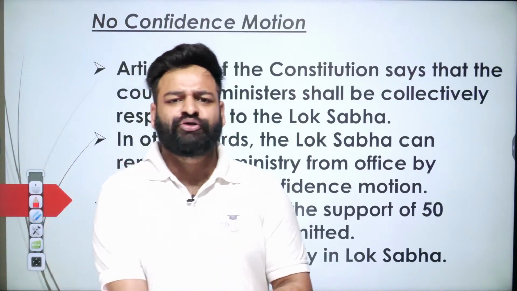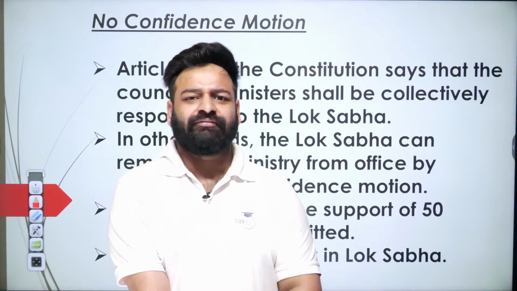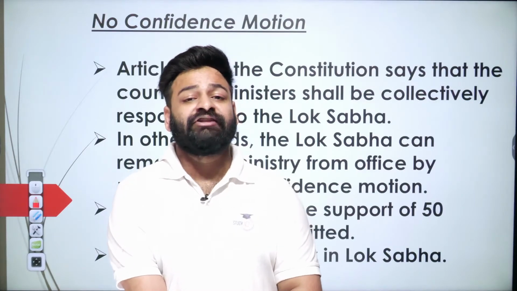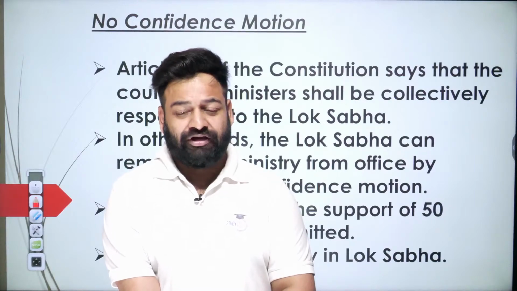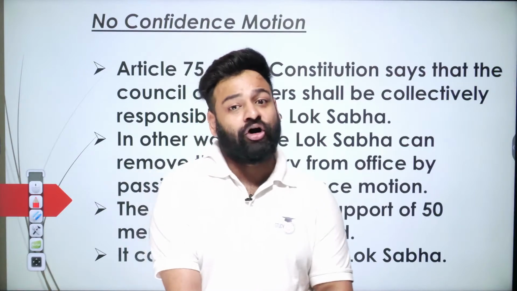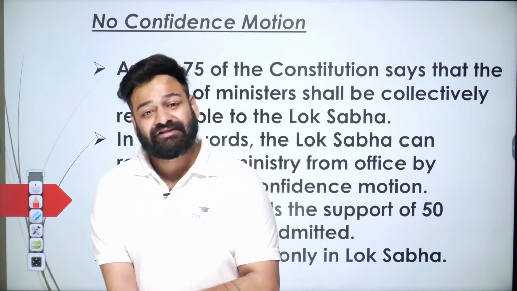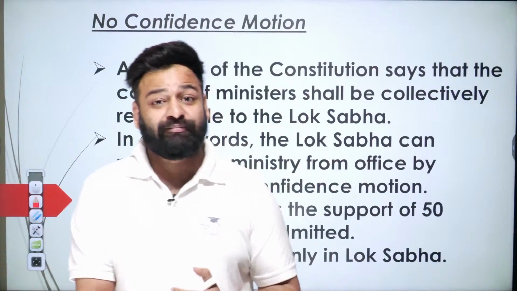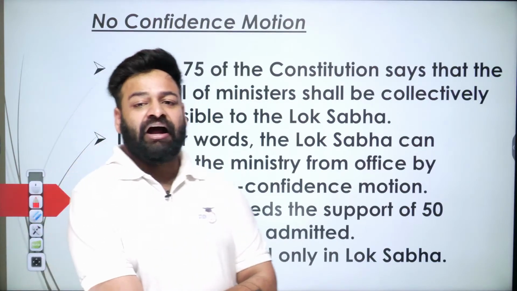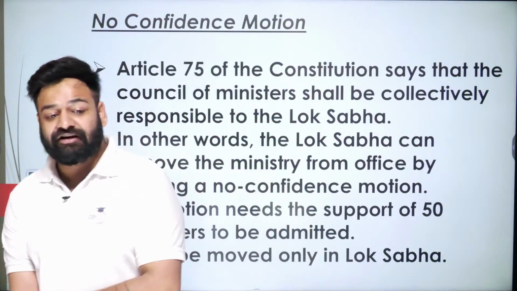That means their existence can be there only when they all are there. Even if one person tries to go out, not possible. They all will swim, they all will sink, both at the same time, but together only, right? So this is what is mentioned in Article 75, that is collective responsibility.